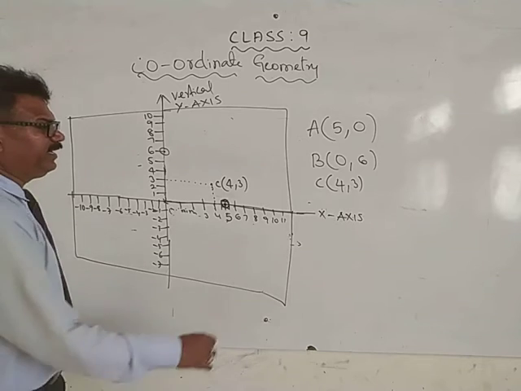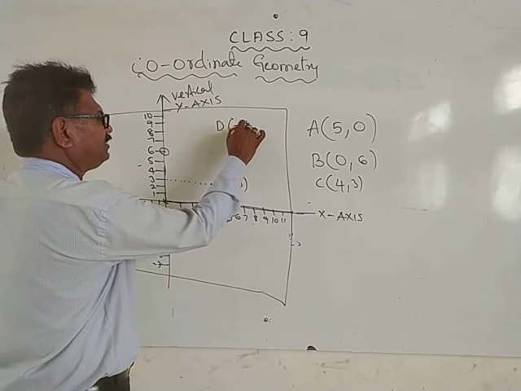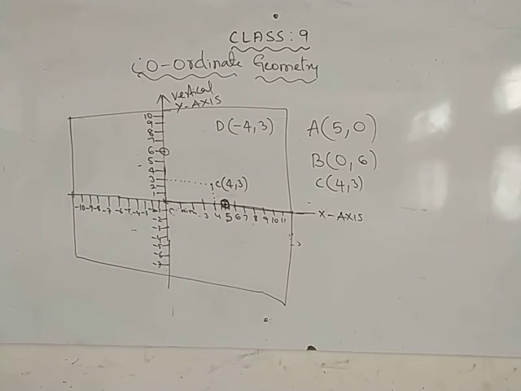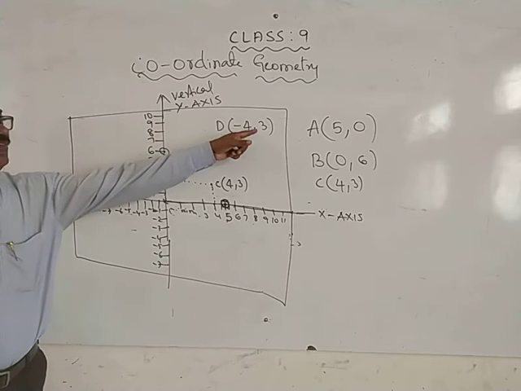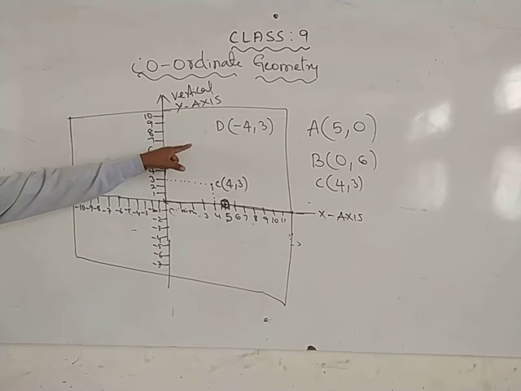Next, one more point. D, minus 4, 3. X value is minus. Where is it? Minus means either this side or this side. But Y value is positive, which means either this or this.